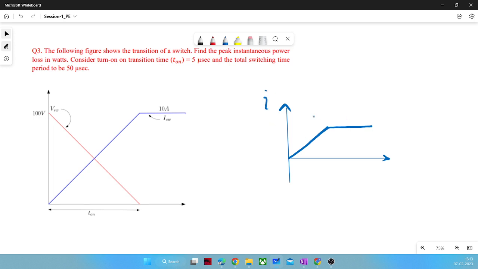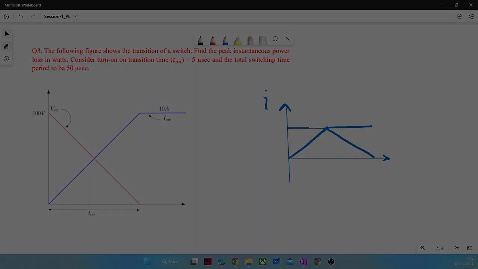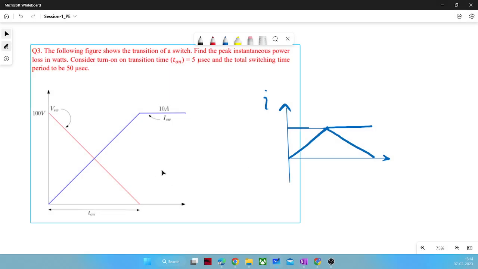This kind of current will be there, and the voltage might be like that, and after that the voltage will be dropping.